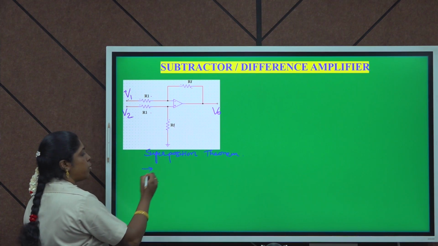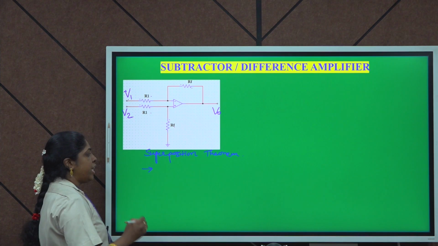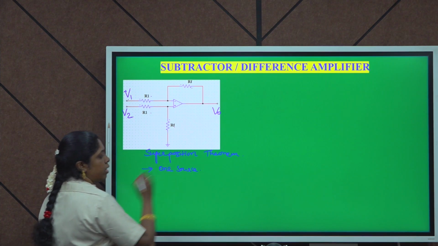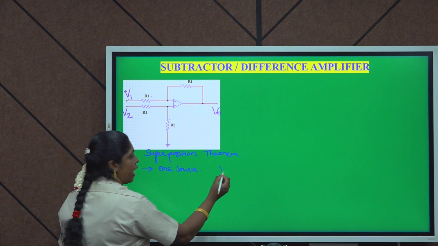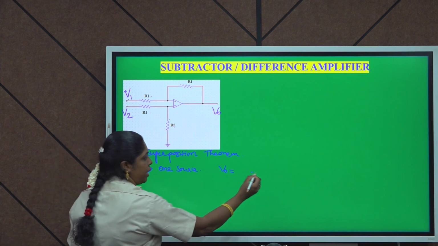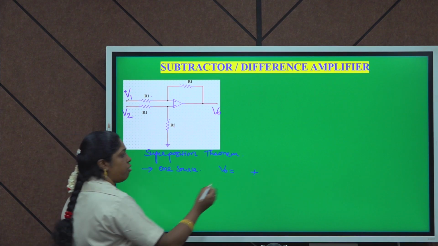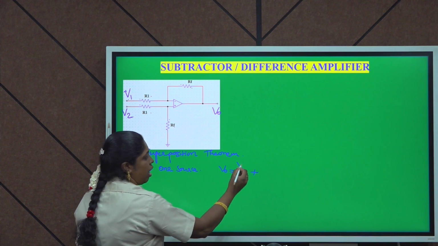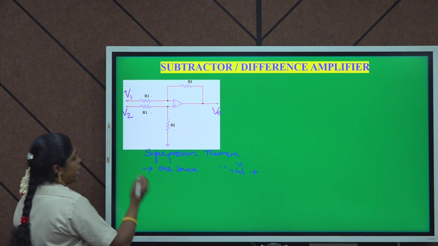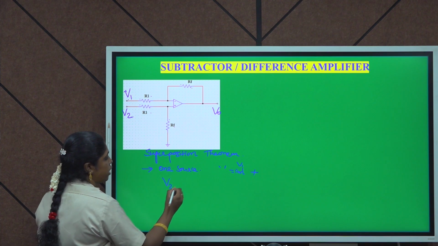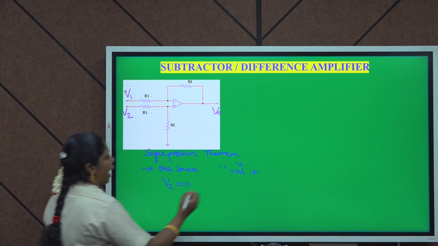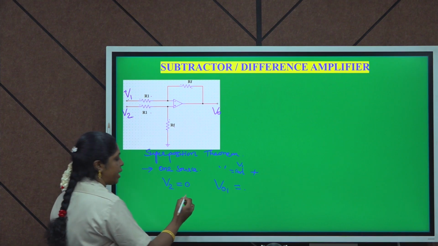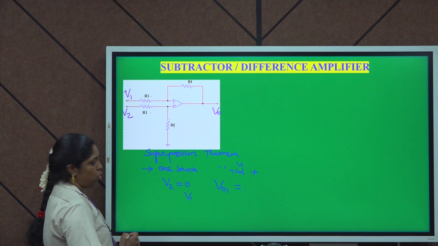According to the superposition theorem, if in any network more than one source is present, the response at the output of that network will be the summation of the effect of each source when it is acting individually. So in the first condition, we will make the input voltage V2 equal to 0 and find the output voltage V0 of 1 due to the presence of input voltage V1.